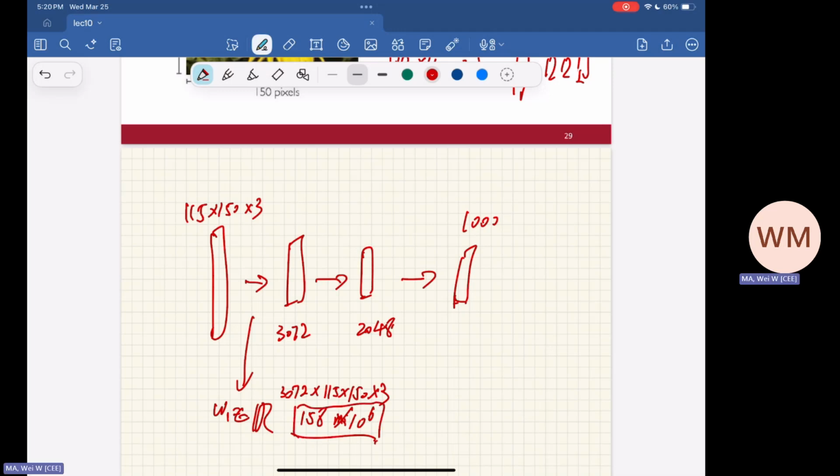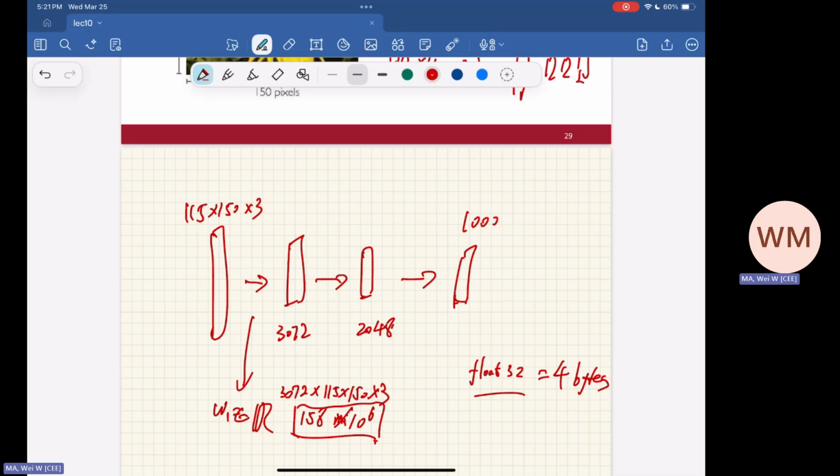This is the number of parameters that you have. For each parameter, I forgot if I showed you or not, usually we are using float 32. Do you know how much memory one parameter takes in your computer memory? Float 32 means that it takes 4 bytes.